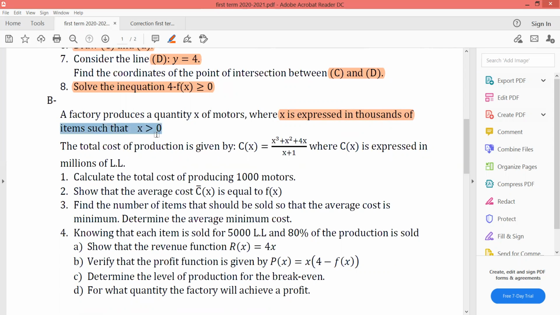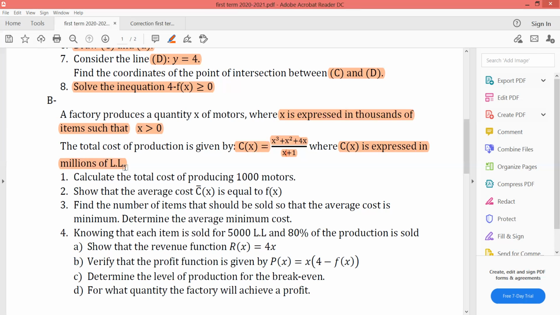X should be positive, the quantity cannot be negative. The total cost is given by Cx equals x cubed plus x squared plus 4x, where Cx is expressed in millions of Lebanese lira.